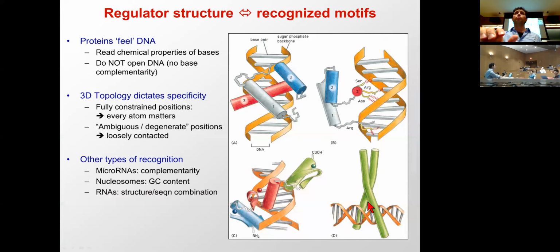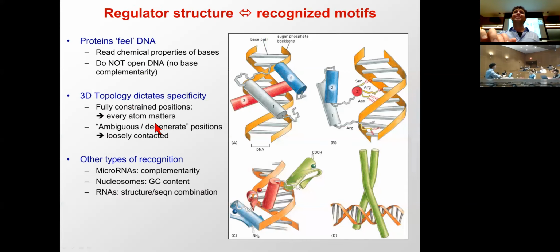So instead of nature making two different elements that both recognize the same motif, it just makes one and uses it twice. And that's why a lot of motifs are palindromes, because you can very easily put two of them together. Okay? So the proteins feel DNA.